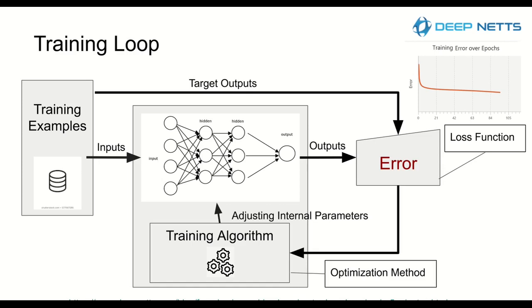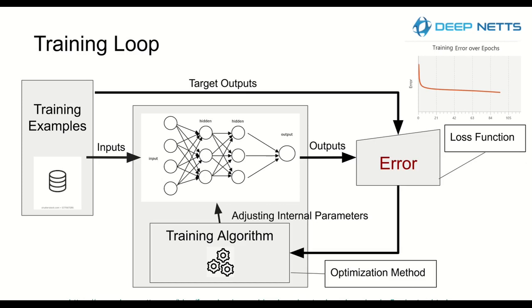On the output of the network we compare the prediction with the real expected outputs, which are provided as target outputs.